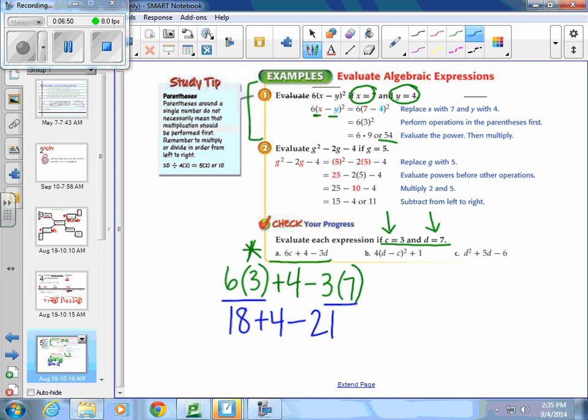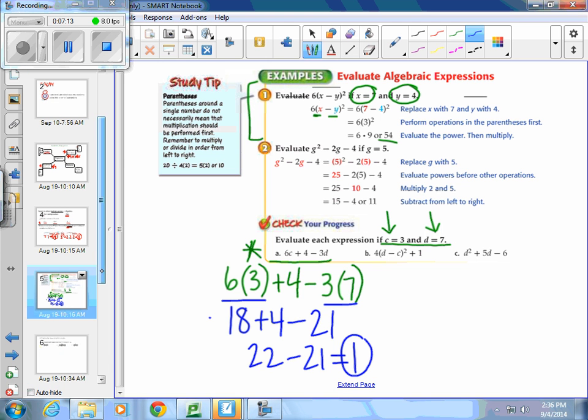And then I have 18 plus 4 is 22 minus 21 equals 1. And I do my addition and subtraction from left to right. Okay? We're going to actually go on because I have more problems on the next page that we're going to do.